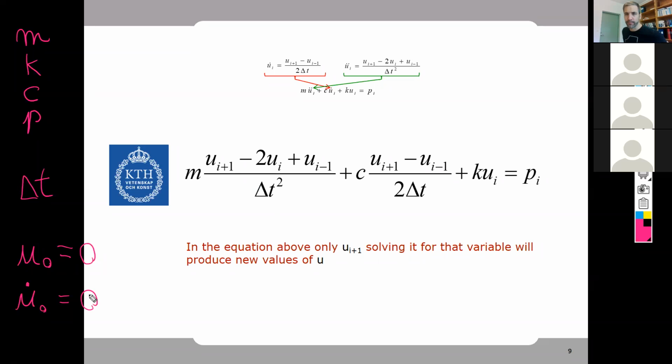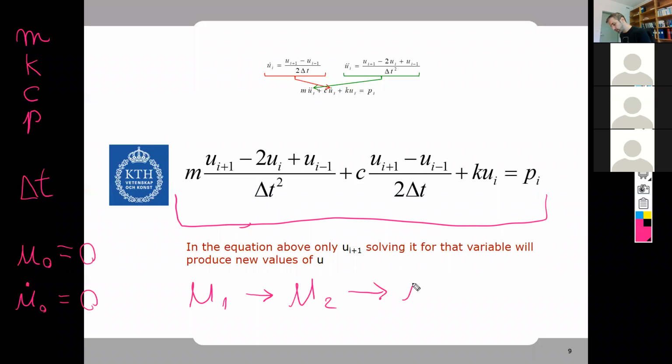Okay, with all this information and this formula here, we should be able to repeatedly use the same formula in order to go from U0 to U1 and then U2 and then U3, etc. Okay.